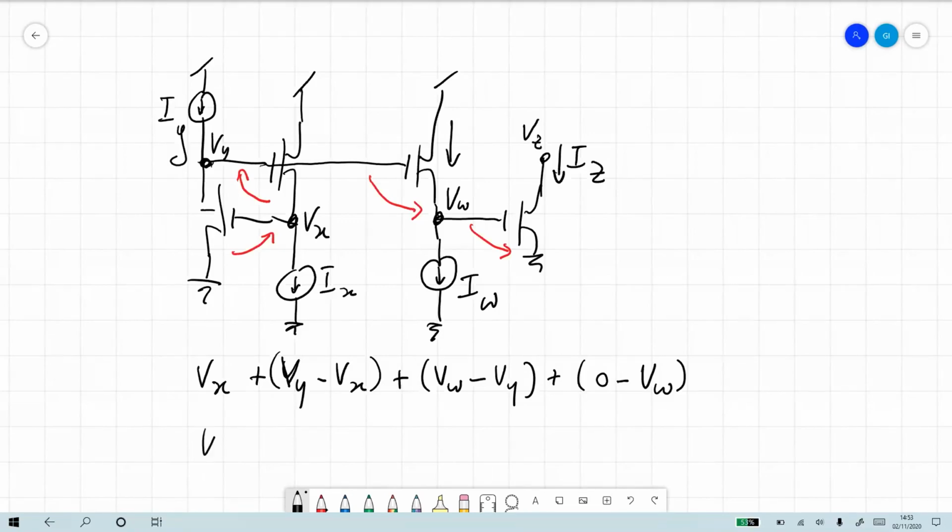So this would be VGS1 plus VGS2 minus VGS3 minus VGS4 is equal to 0.